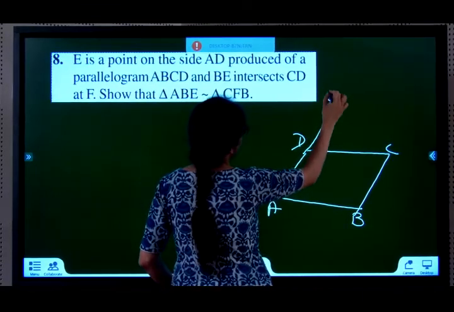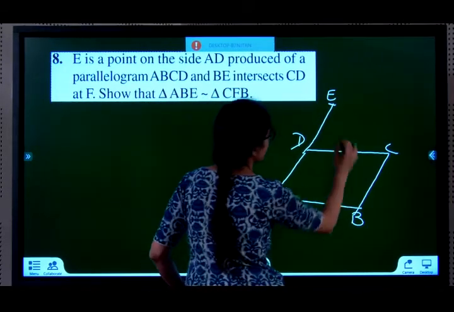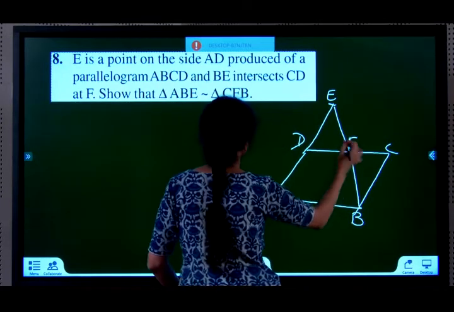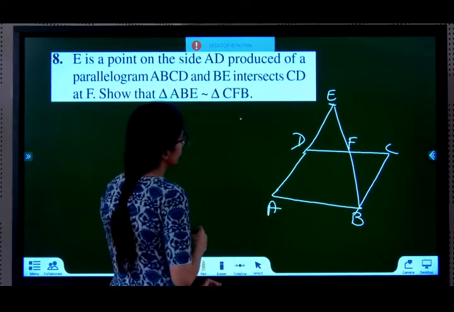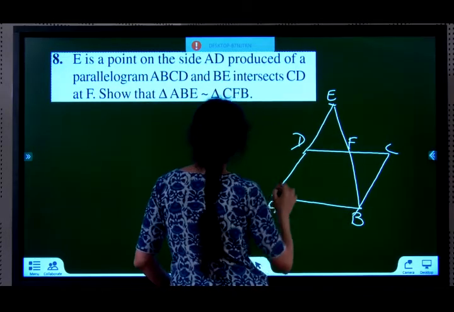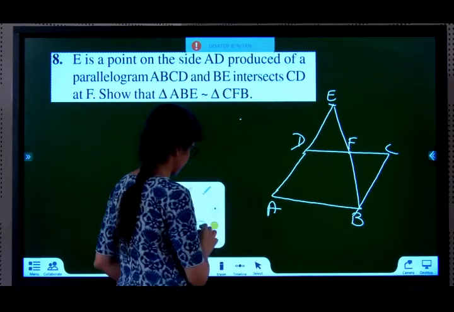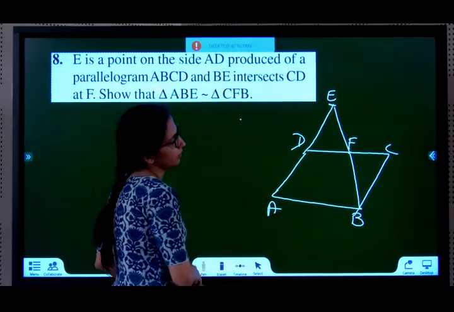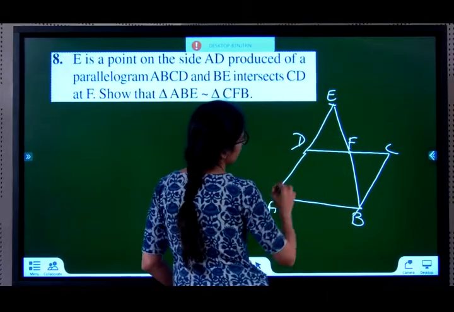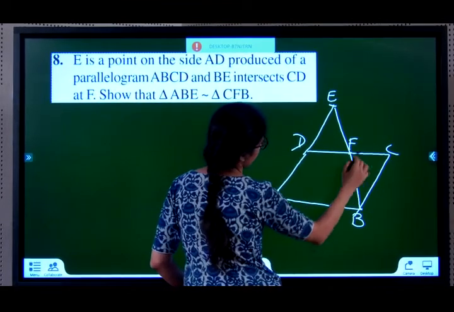Let's call this point E. And BE, that means join BE, intersects CD at F. Show that triangle ABE is similar to triangle CFB.